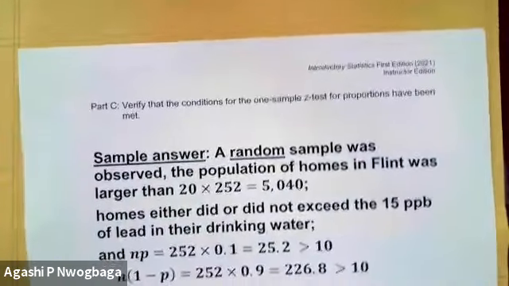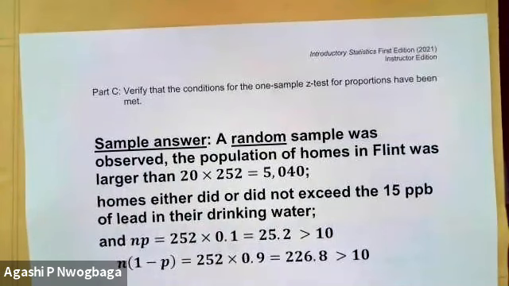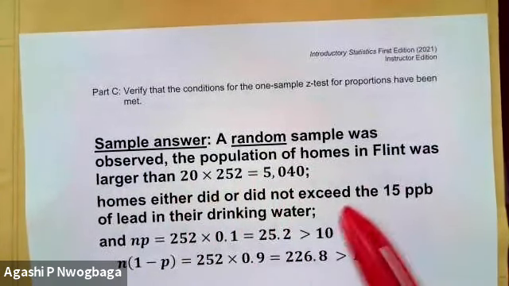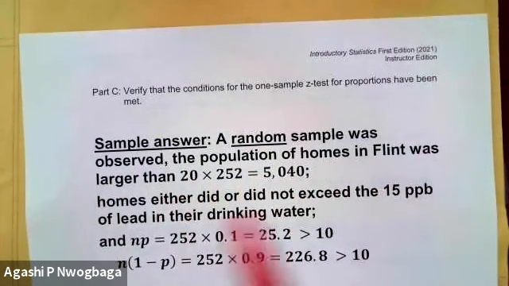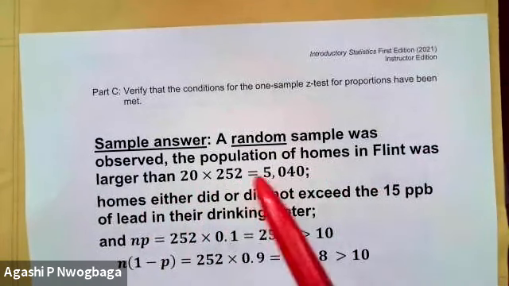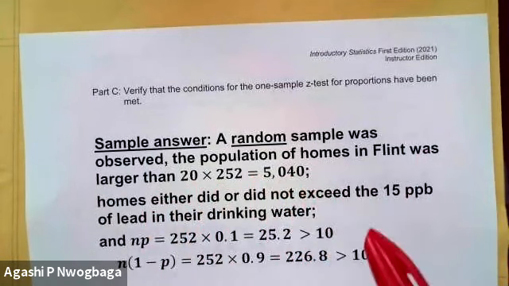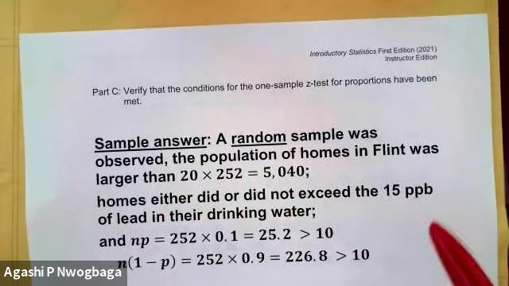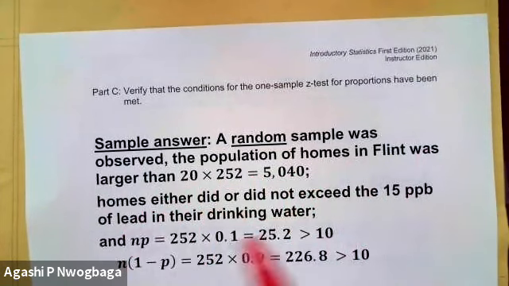Here it is. First, a random sample was observed. The population of homes in Flint was larger than 20 times 252, which is 5040. Also, homes either did or did not exceed the 15 parts per billion of lead in their drinking water.